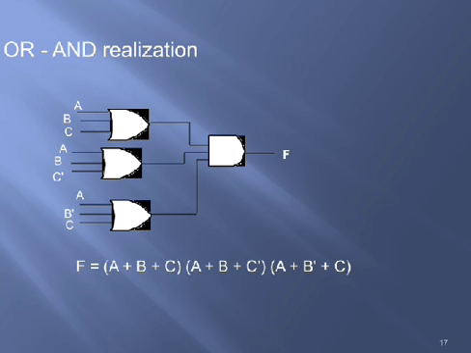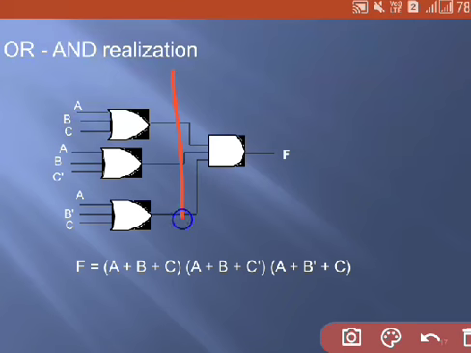That is the difference. Since you are having three sum terms, you need to consider three OR gates in the first stage, and all those three OR gate outputs should be ANDed with the help of a three input AND gate.